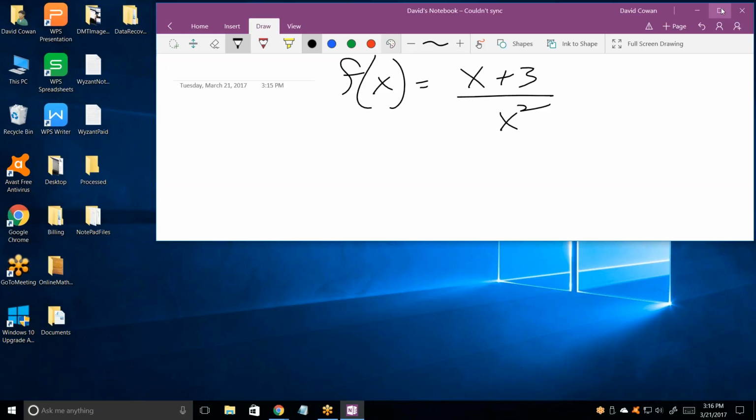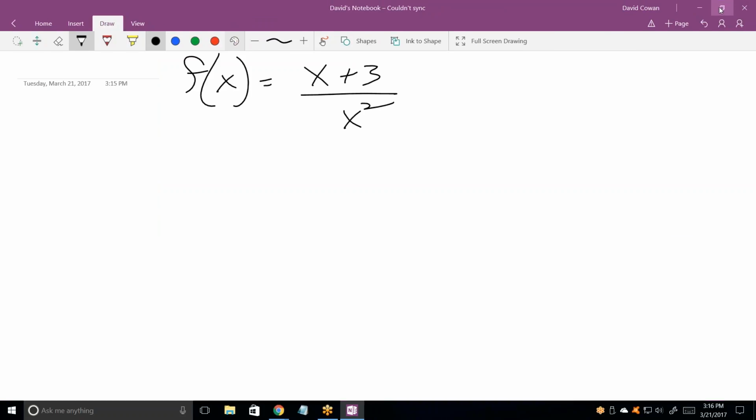What's going to be the first step here? Move the x squared into the numerator. Well, the first step's going to be take the first derivative, right? That's always the first step. But there's numerous ways to take the first derivative here.